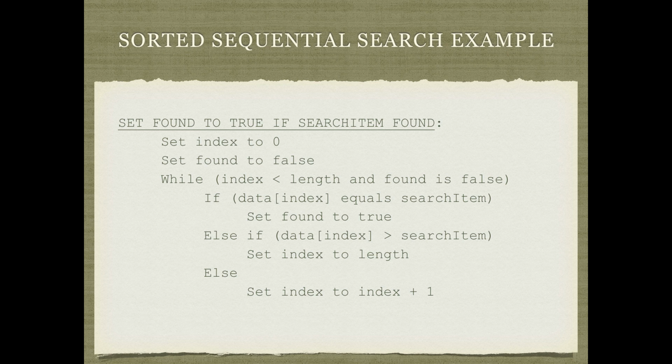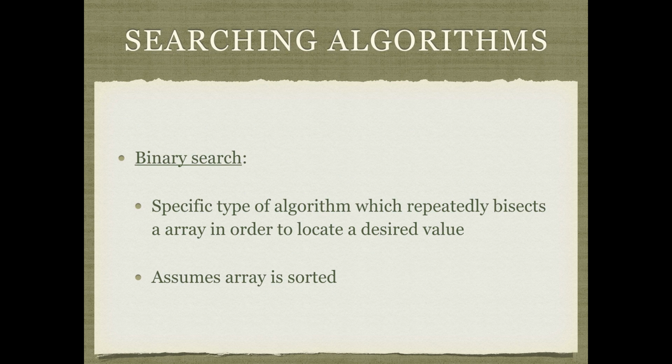So a second search that you could possibly do is what is called a binary search. So the idea with this type of search is that if you have your array and the array is sorted, then you can make certain assumptions about the order of those values to cut down on the number of comparisons that you have to do to identify the value that you want to find.